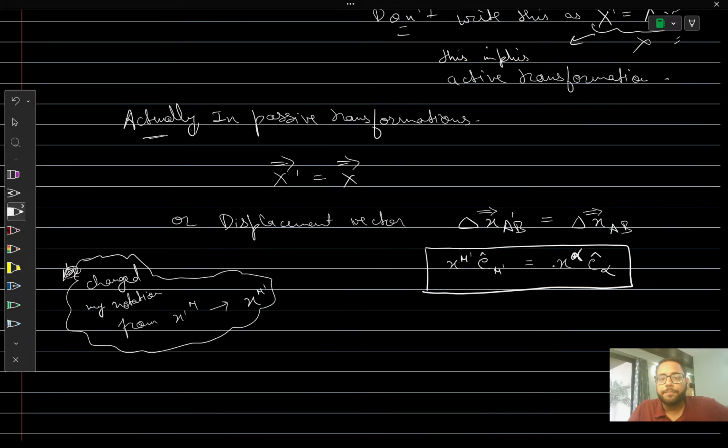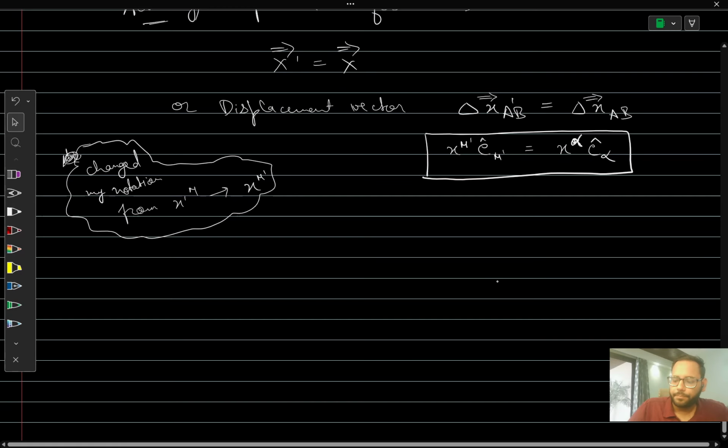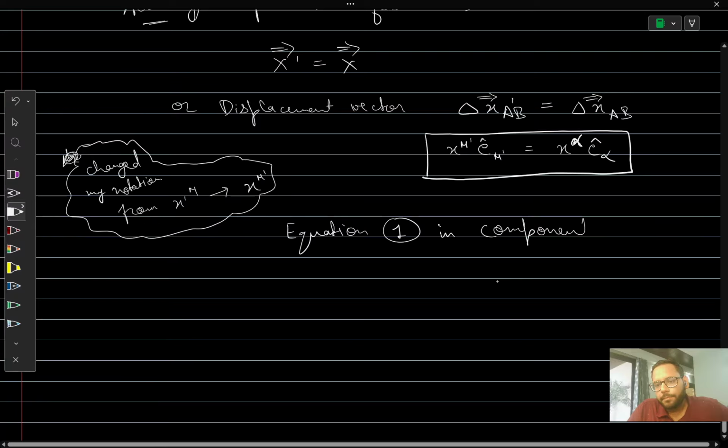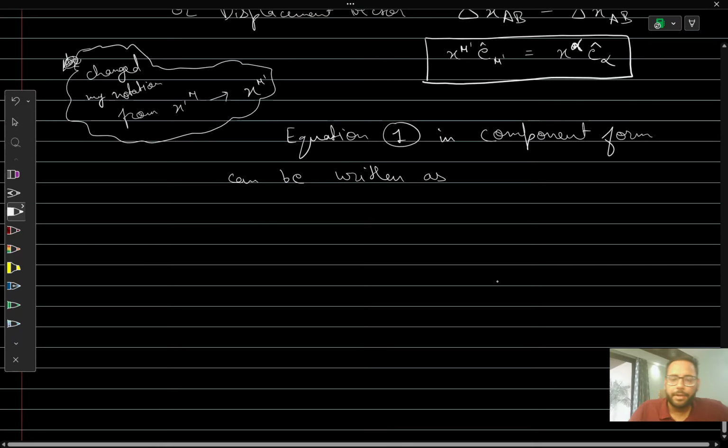Okay, suppose this is my equation 1. Equation 1 in component form can be written as, okay, now just to recall your previous class knowledge of the rules we have defined in the Einstein convention.